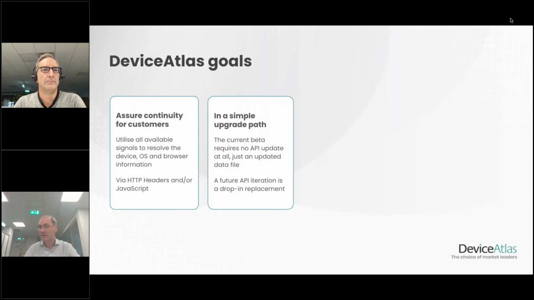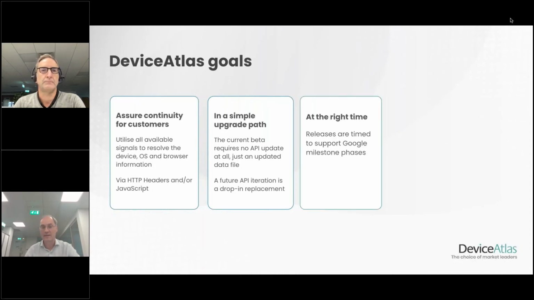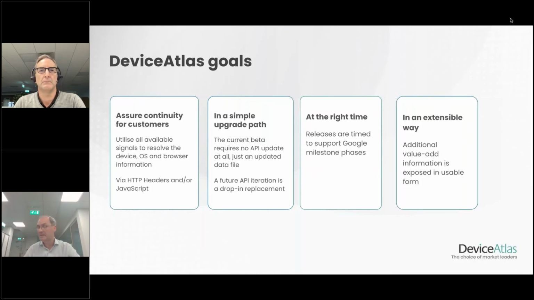This is really paramount. Customers don't need to expend time managing updates and maintenance. Everything is always done through a simple data file update or a drop-in replacement at an API level. Thirdly, timing. Timing is always critical. We are tracking the Google proposals very closely to ensure we're supporting their phases, their milestones. And finally, extensibility. The DeviceAtlas commitment is to ensure we're extensible to support new and emerging use cases and capabilities as they emerge in the landscape.